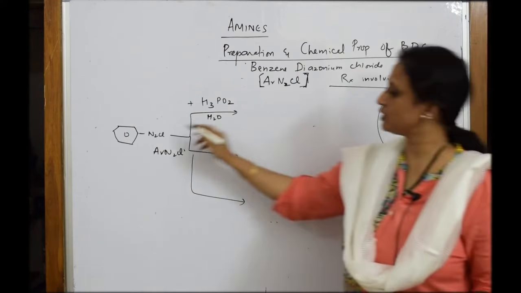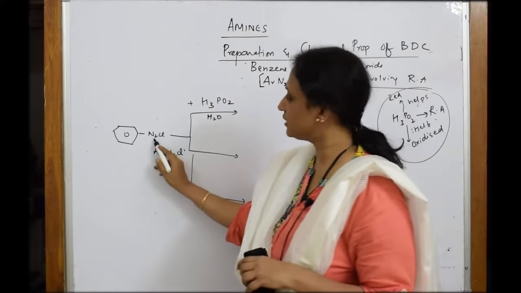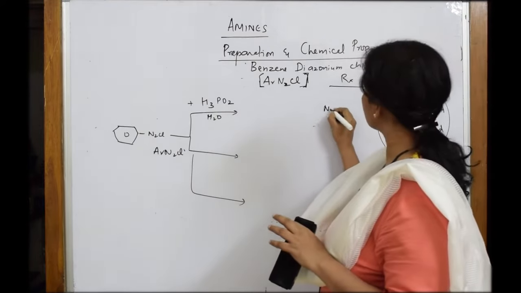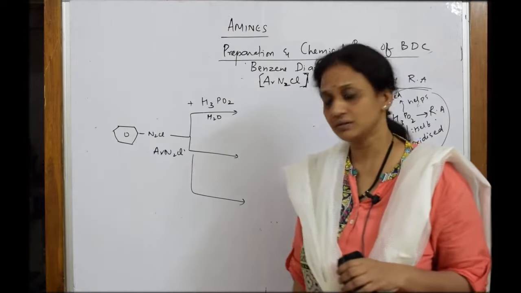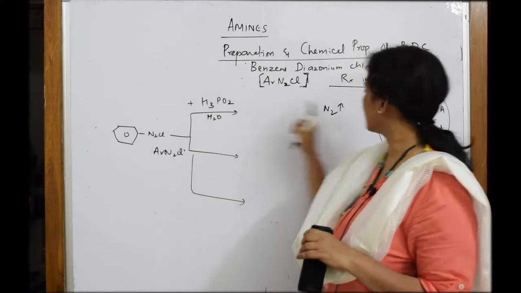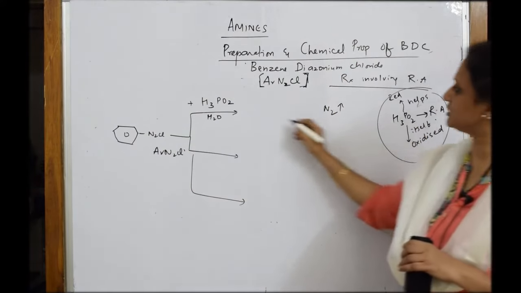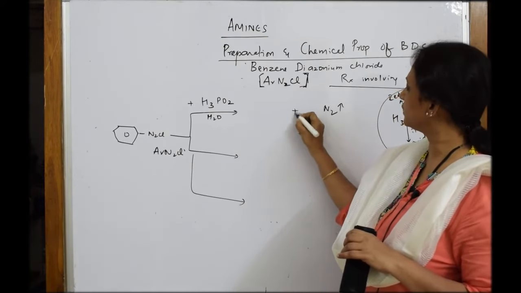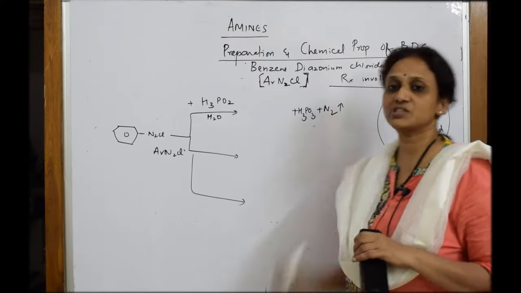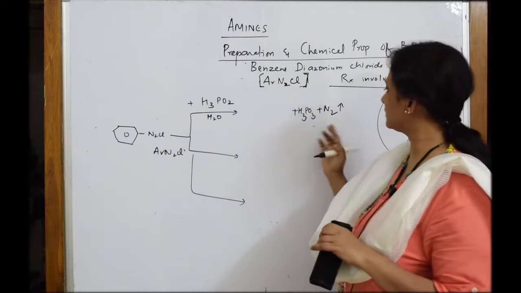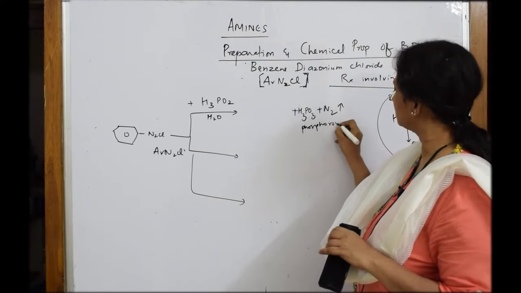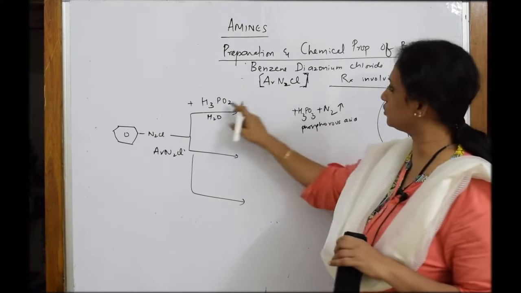Now H3PO2, when you add it, first important thing, whenever you're heating BDC, just remember nitrogen gas escapes out. That is the most important thing. This is done. After that, your H3PO2 gets oxidized to a higher oxidation state, to H3PO3, phosphorous acid. Hypophosphorous acid, this is phosphorous acid. Let us write the name. Phosphorous acid. Oxidized or no? To higher, O2 to O3.